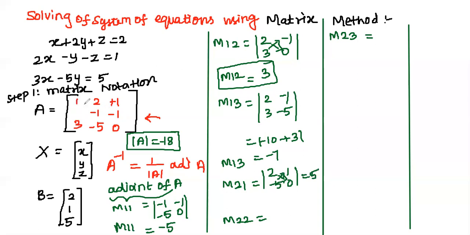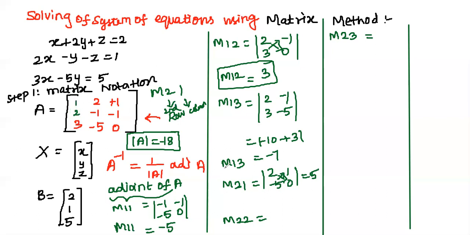See, M21 means the first digit is the row position, second row, and the second is the column position, first column. So this is second row, this is first column. The element 2 is lying between the first row and second column. Understood?